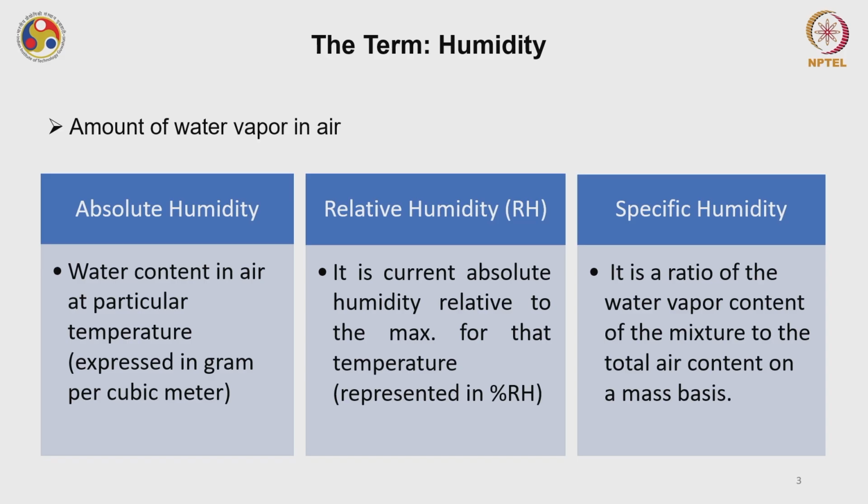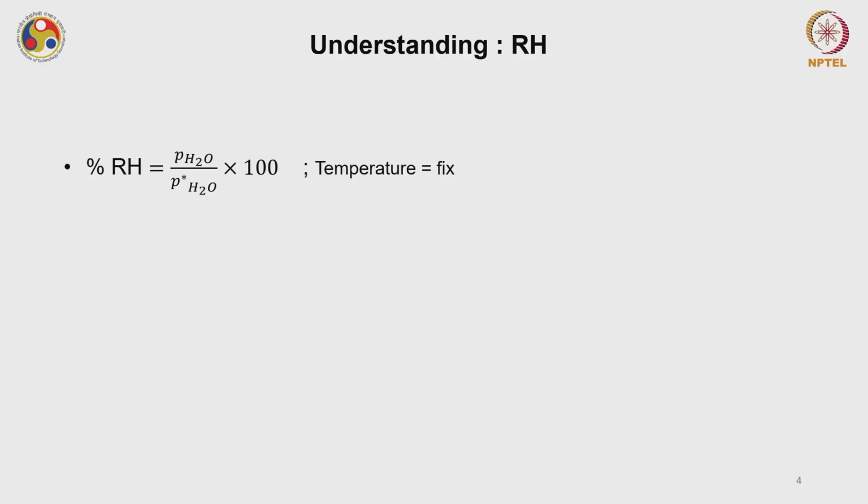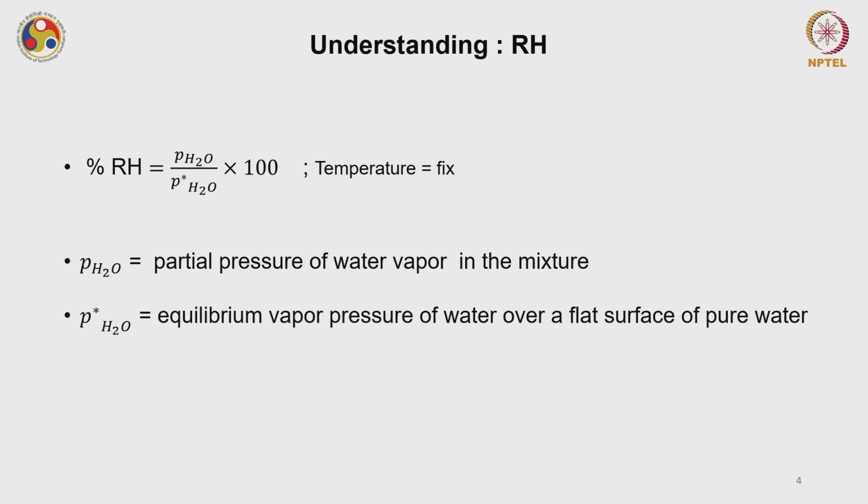In this course, particularly for the next couple of lectures, we are going to discuss relative humidity and the sensors which can detect it. So let us define relative humidity in a mathematical way. Percentage RH is defined as the ratio of the partial pressure of water vapor in the mixture to the equilibrium vapor pressure of water over a flat surface of pure water, multiplied by 100.